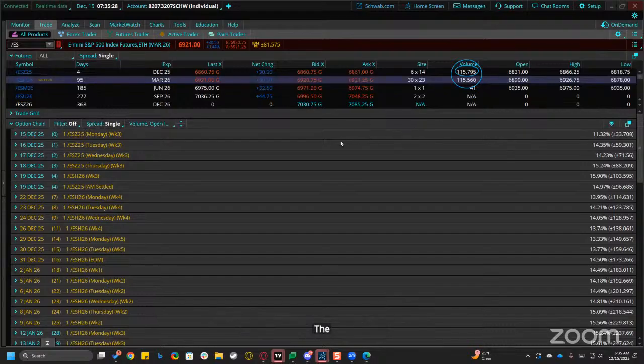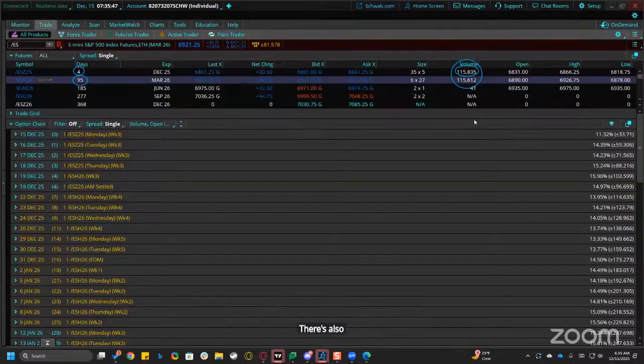The idea would be that if the old contract, the one that's going to expire, has more volume than the front one, you could consider continuing to trade it. But once they swap, you want to trade the one with the more volume.